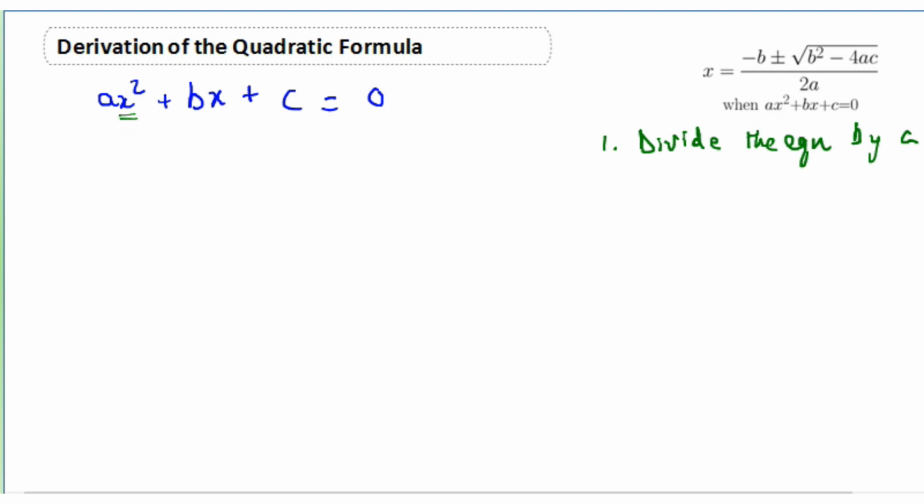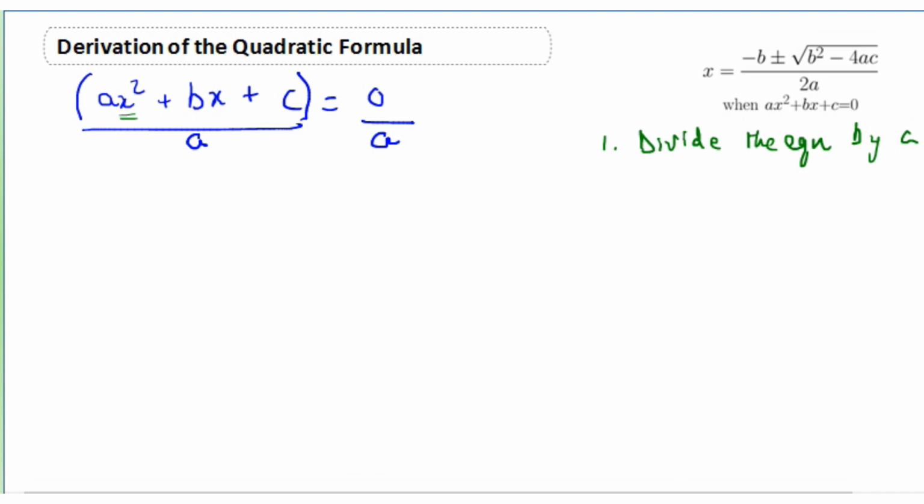What we are really concerned about is to find the value of x, and hence the first step that we do is to divide the whole equation by a. So when we are doing that, we have to divide the complete left hand side by a, and if we are doing that to the left hand side, we have to do the same to the right hand side, otherwise the equation will get imbalanced.